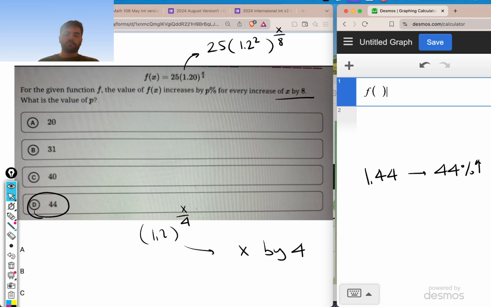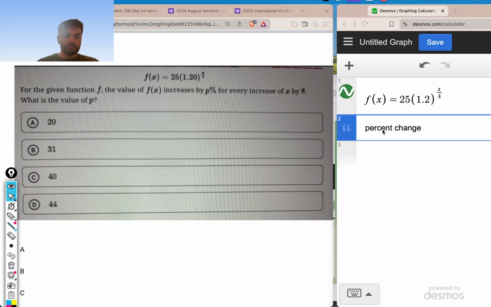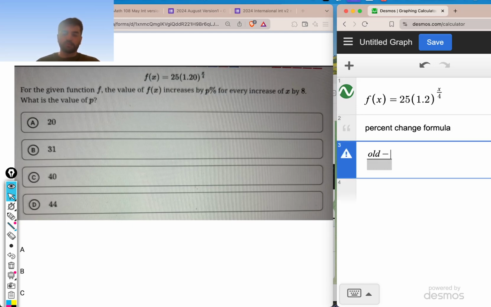25 f of x is equal to 25 times 1.2 to the x over 4. Here you can do it like that. You can use the percent change formula. What was the percent change formula? It is new minus old, or difference.